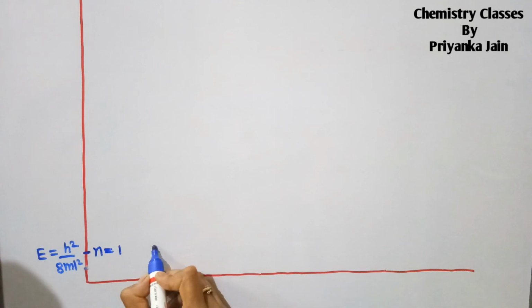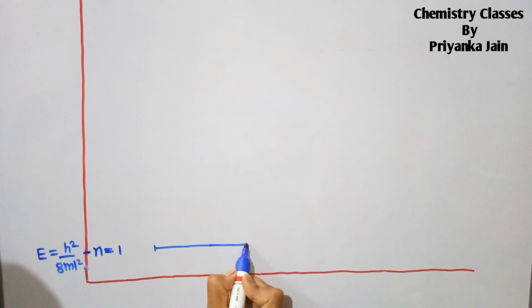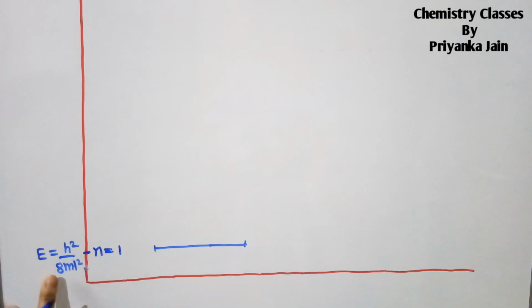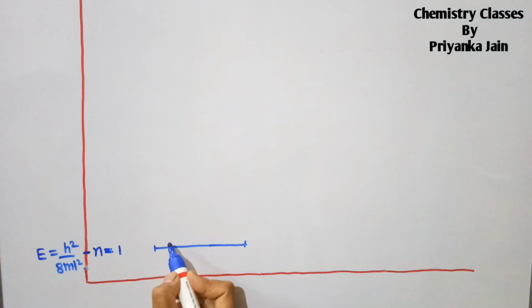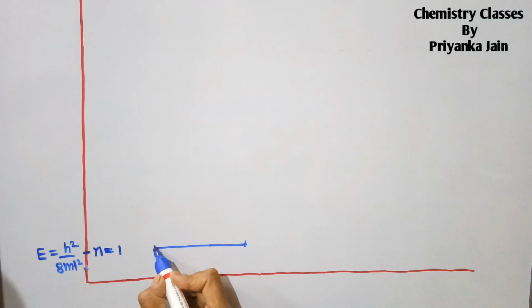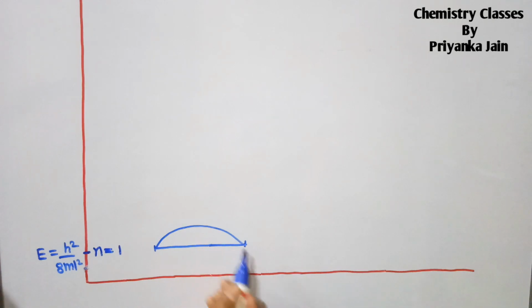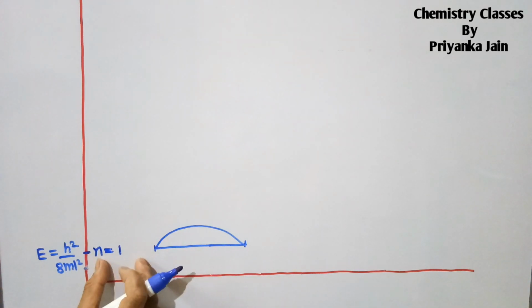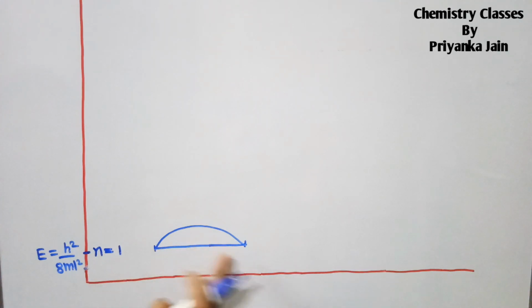So now see here, this is the wave function plot. When the energy is h square upon 8 ml square, n is equal to 1, the number of nodes will be n minus 1, it means 1 minus 1 will be equal to 0. So this plot will not have any node. It means this is the wave function plot for the ground state. Okay, so there is no node and this is symmetric, right?